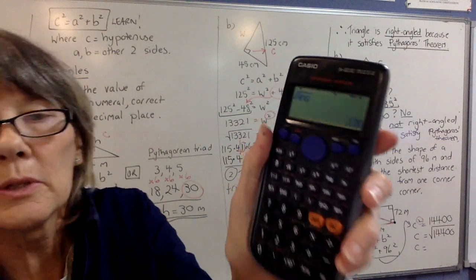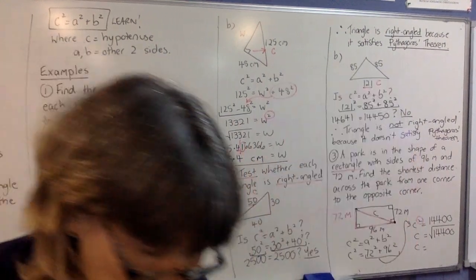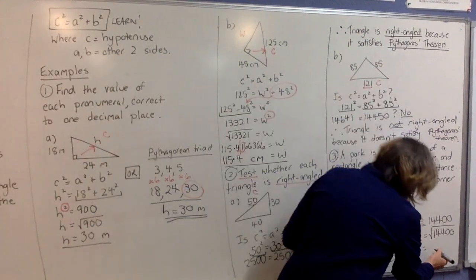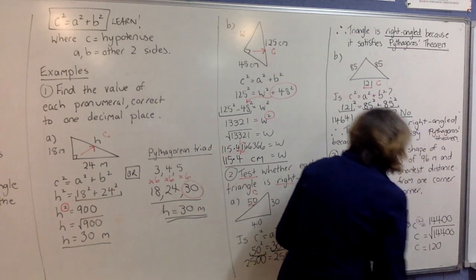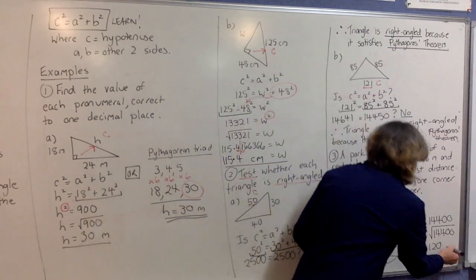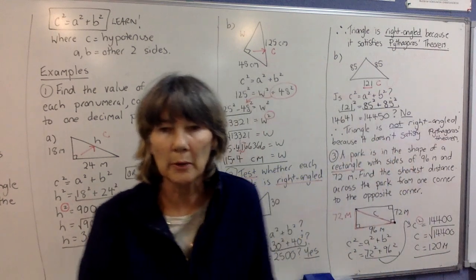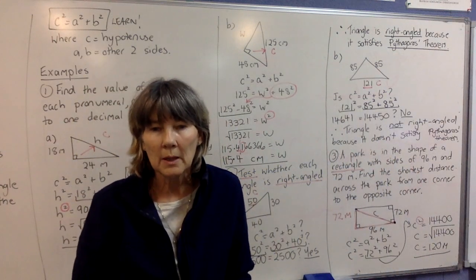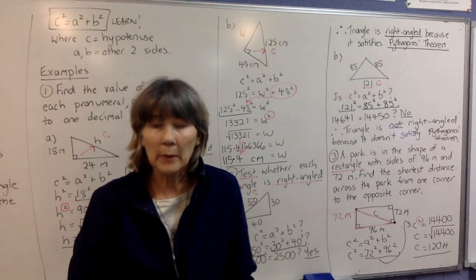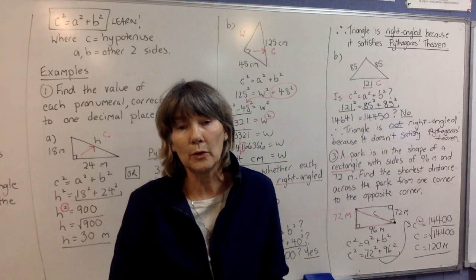So we're going to press equals now. It gives you 120. And then we're just going to write metres on the end. And that's the answer to your question. So anytime you don't have a diagram, draw one. Okay, we're coming back in the next video and we're going to do a few more examples.